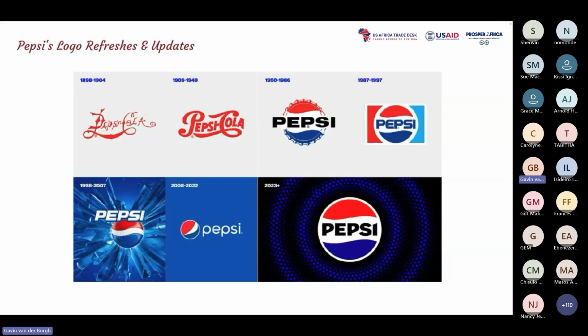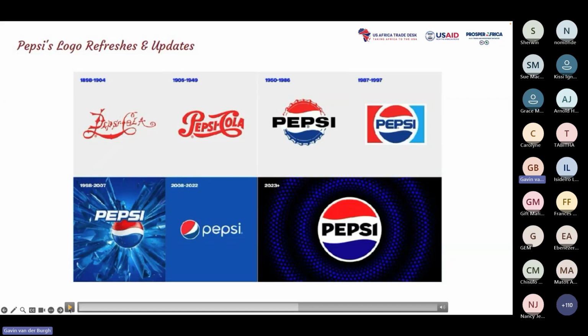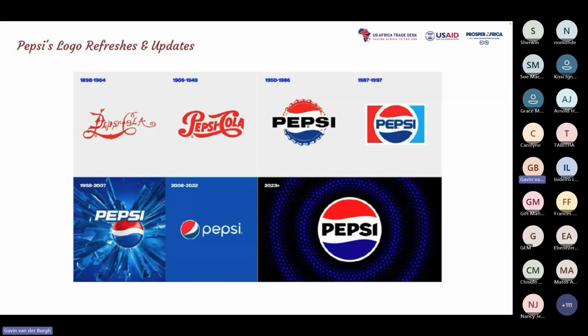Refresh your logos sometimes, where relevant. Just think about Pepsi. Have a look at the Pepsi logo and the colors that Pepsi uses, and what happened in 1950. You've got the red, the blue, and the black Pepsi logo.